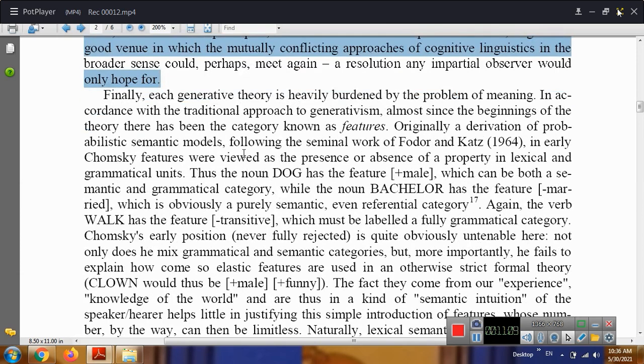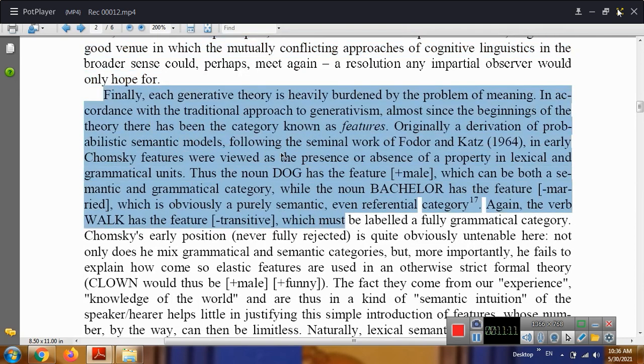Finally, each generative theory is heavily burdened by the problem of meaning. In accordance with the traditional approach to generativism, almost since the beginning of the theory, there has been a category known as features.